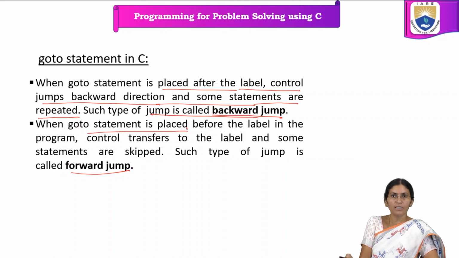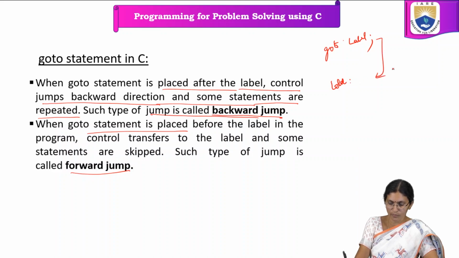Here you can see goto followed by label and a semicolon. If the label is defined afterwards, this is a forward jump. And if we have goto followed by a label and the label is defined before, with these statements, then this is a backward jump.